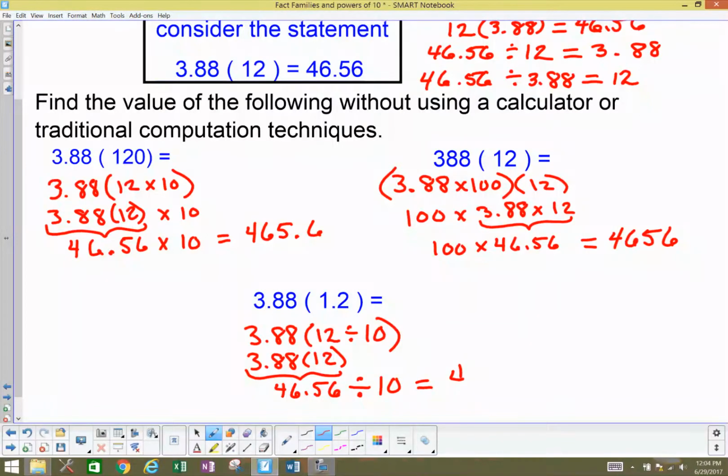So that'll be 4.656. I did not have to use a calculator to come up with these answers. I was able to come up with these answers without using a calculator because I knew my fact families and I knew my rules for multiplication and division by power of 10.